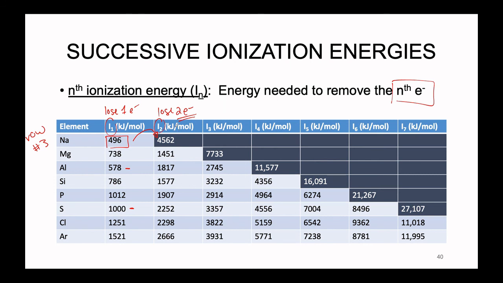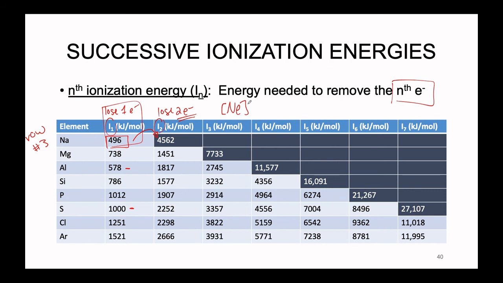This hyperinflation of the necessary energy comes about because if we consider we've lost 1 electron already, the electron configuration of sodium is at this point neon. It is a noble gas core.